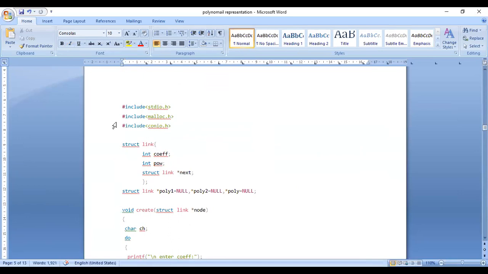If you understand this part mainly, you can understand everything. So struct poly 1, poly 2, poly. Poly link means what? It is the result linked list.